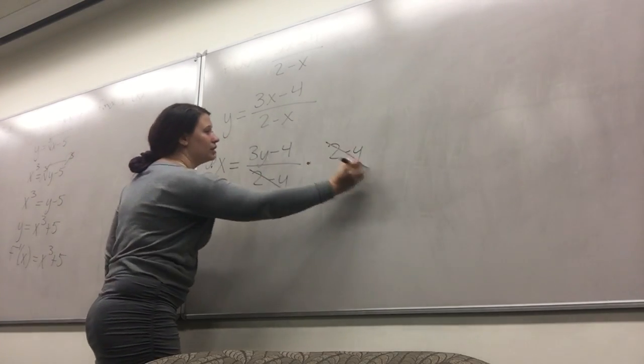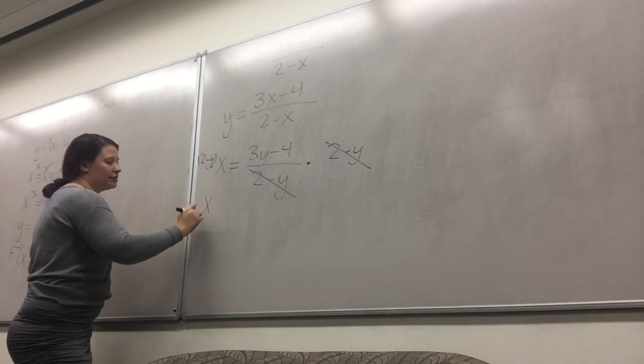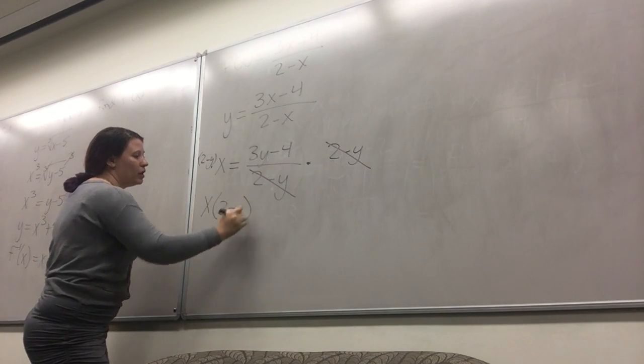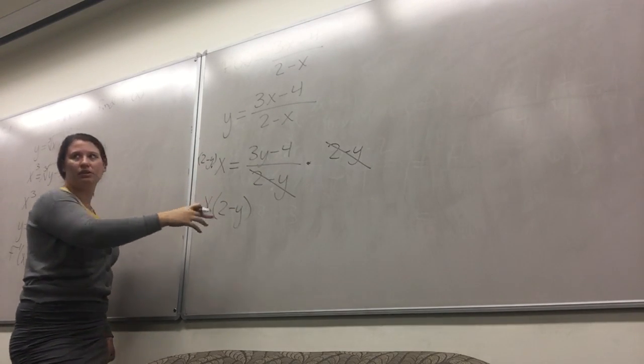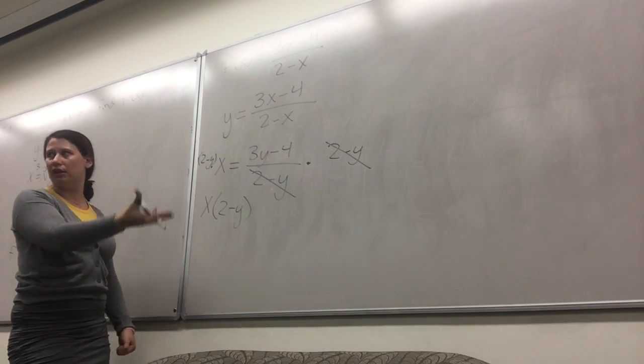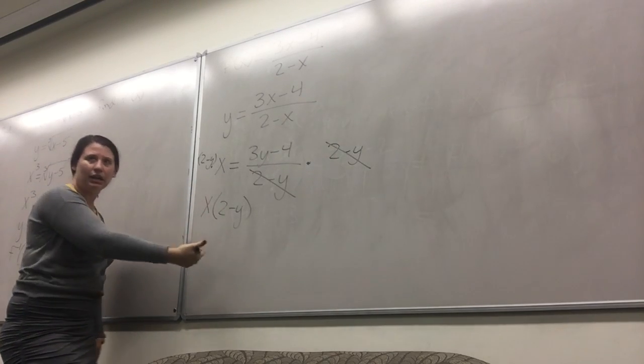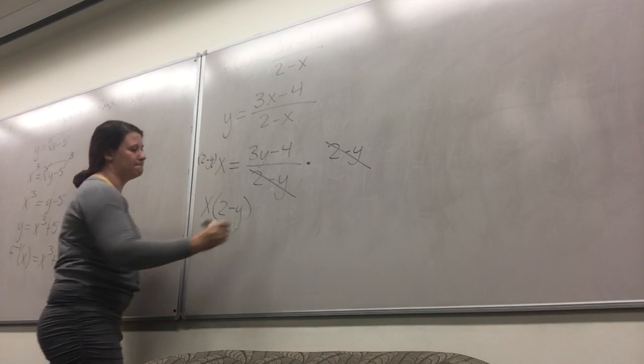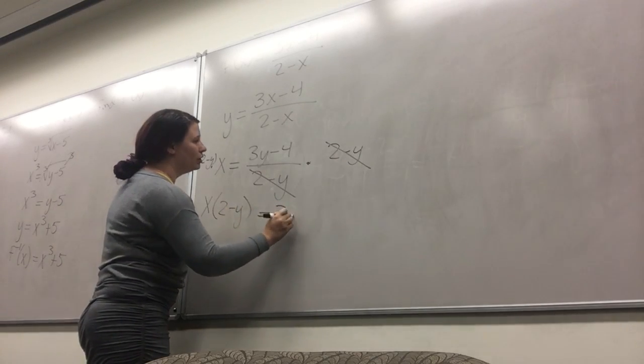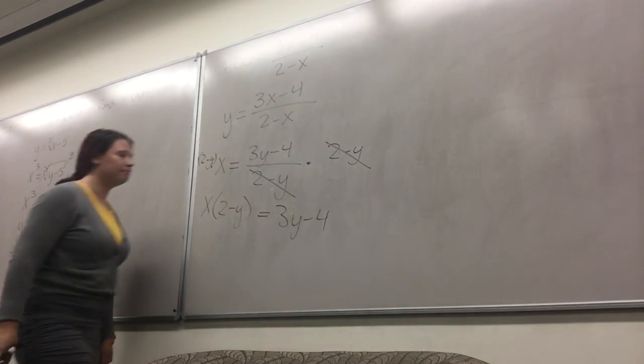So these cancel, so then we're left with x times 2 minus y. I just flipped them because generally we write the single term in front. It's not incorrect to write it the other way, it's just generally we see it this way. Equals 3y minus 4.